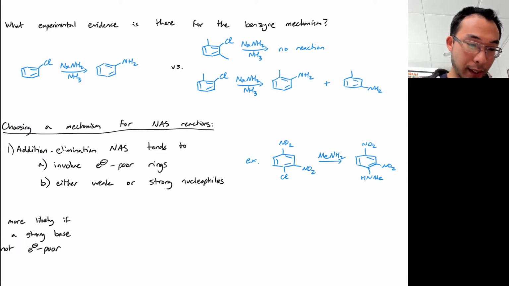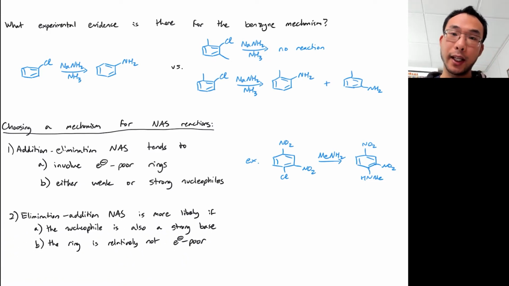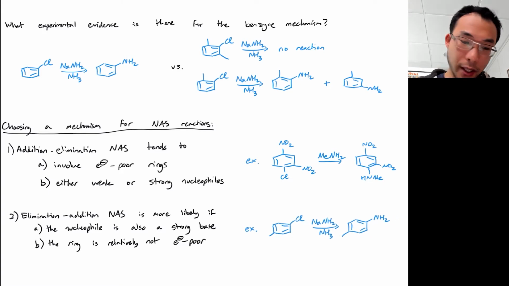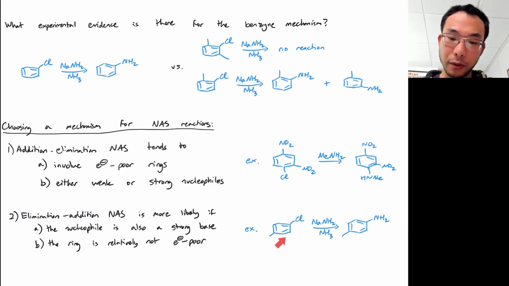For the benzyne mechanism, or the elimination-addition NAS reaction, that's more likely to take place when you have a very strong nucleophile that's also a very strong base. And in general, we will see the benzyne formed when the ring is relatively not electron poor. And so an example of that would be this reaction here, where I have this chloromethylbenzene here reacting with sodium amide.